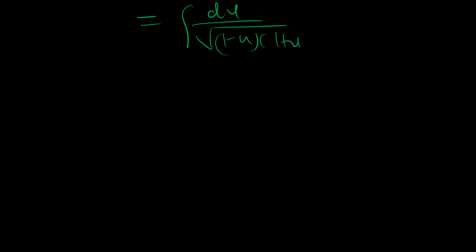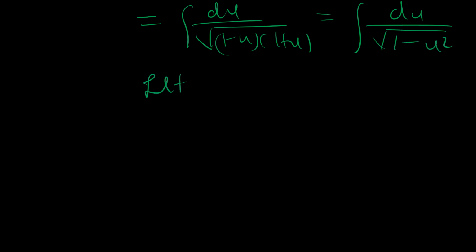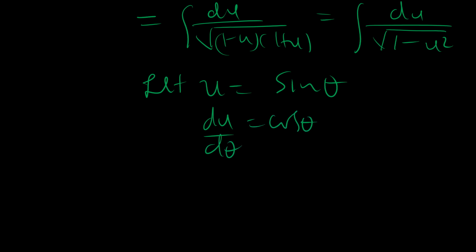So our problem is du over square root of 1 minus u times 1 plus u, which is the same as du over square root of 1 minus u squared. We could just say let u be equal to sine theta, such that du d theta equals cos theta, which means that you can substitute du with cosine theta d theta.